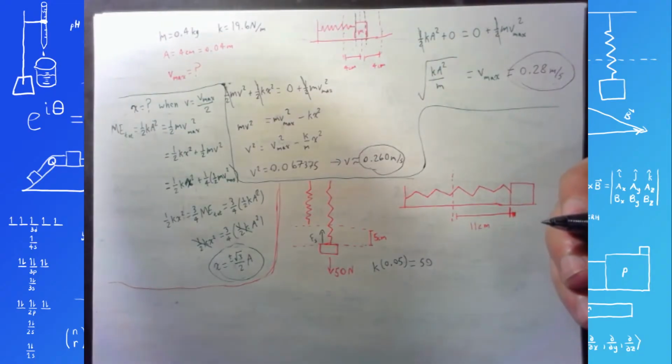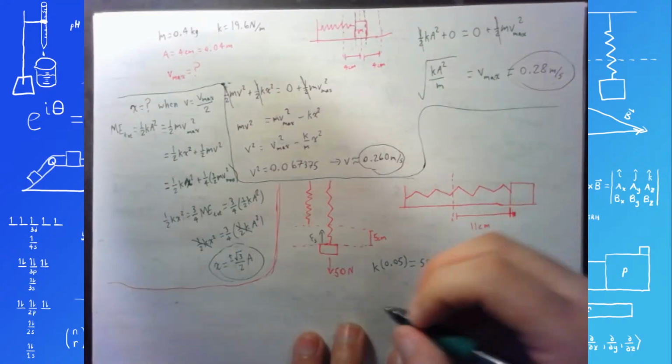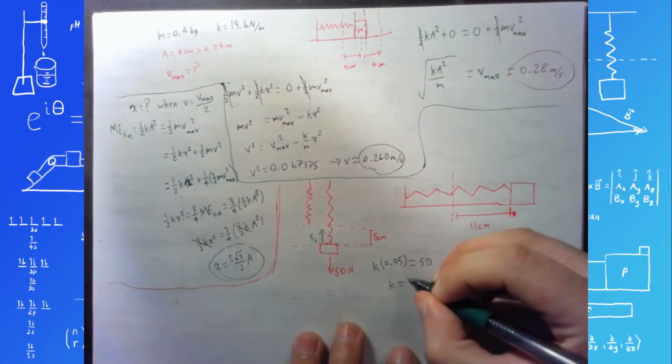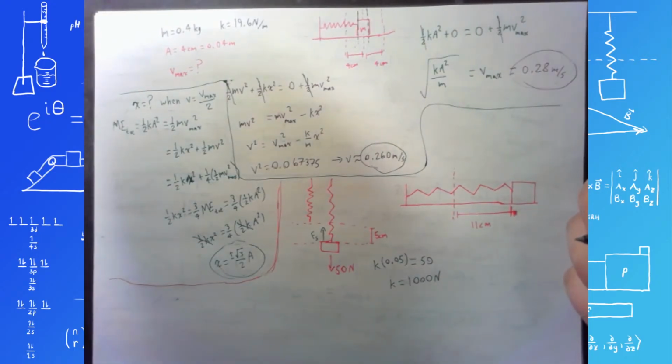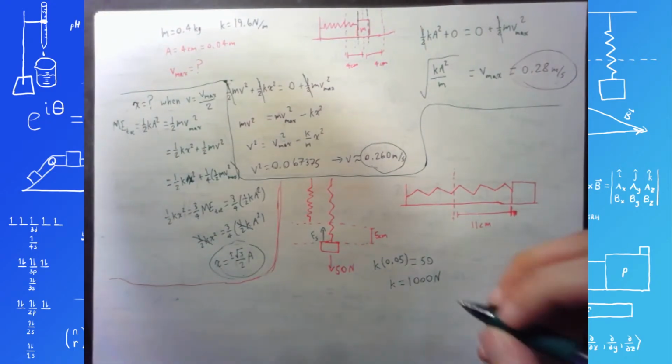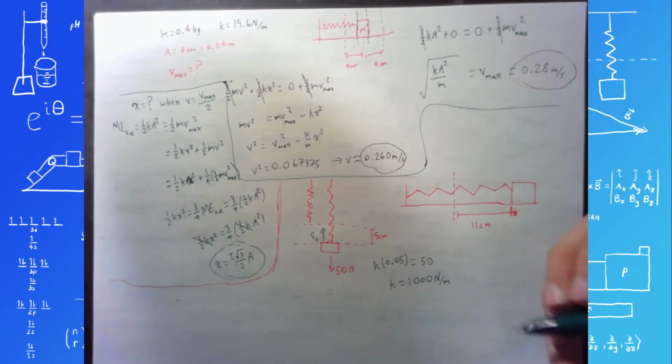So divide by 0.05 and you're done. That's the same as multiplying by 20. So k equals 1,000. k is 1,000 newtons per meter. I was about to say just newtons. That would have been bad. Brain malfunction averted.